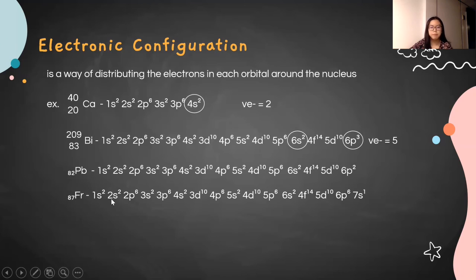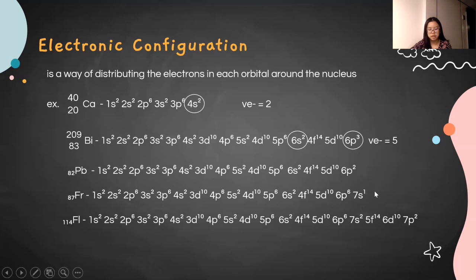So 1s2, 2s2, 2p6, 3s2, 3p6, 4s2, 3d10, 4p6, 5s2, 4d10, 5p6, 6s2, 4f14, 5d10, 6p6, and 7s1.